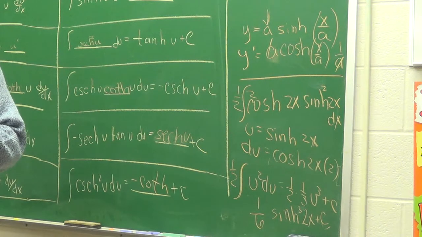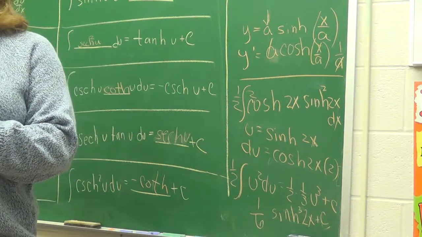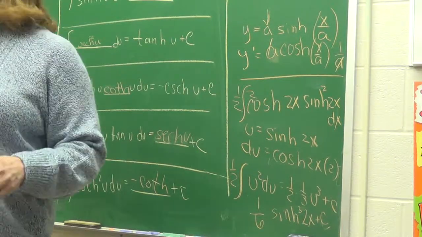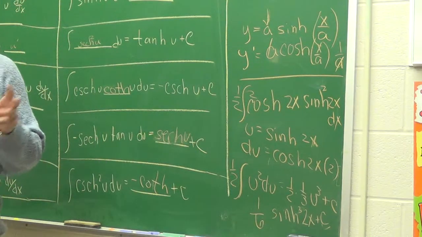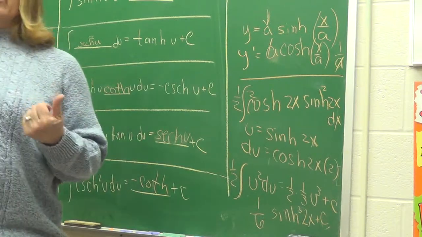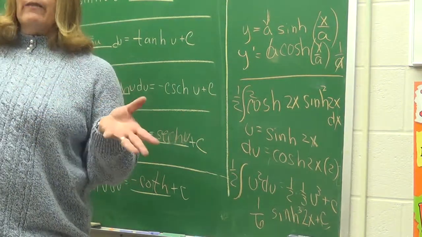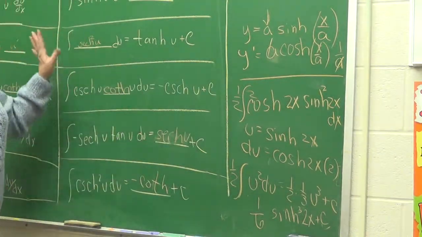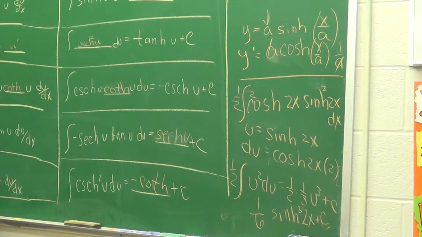However, there's another section. Are we timing this second one? Yeah. Okay. And that is, just like in regular trig functions, sine, cosine, tangent, they have inverses, the arc sine, the arc cosine, the arc tangent. These guys all have their inverse trig functions.